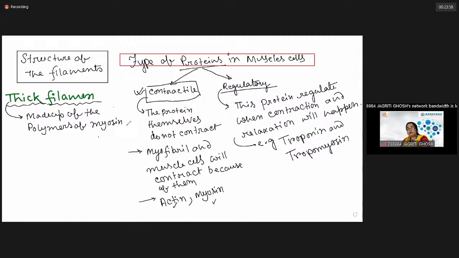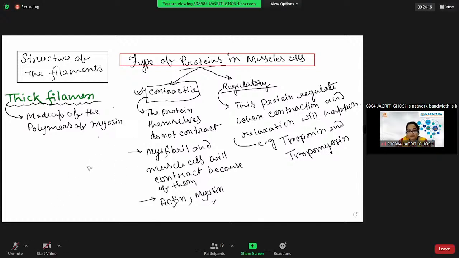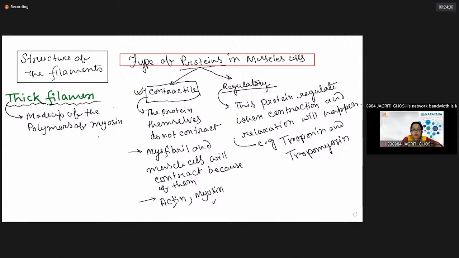Now, one thing you must understand, what is a polymer? Can anyone tell me what is a monomer and what is a polymer? Ma'am, a polymer is made up of a lot of monomers. So a polymer is a chain of monomers, a multi-unit, whereas a monomer is a single unit, right?